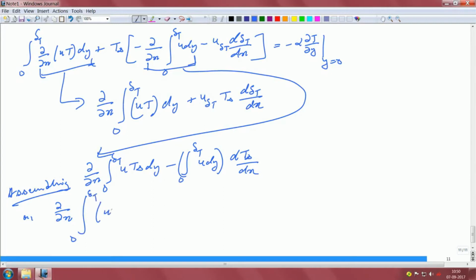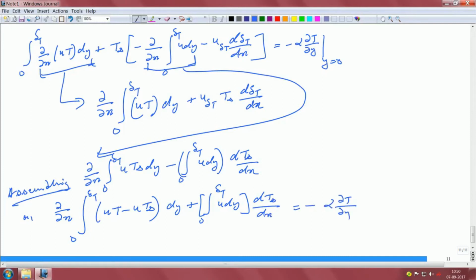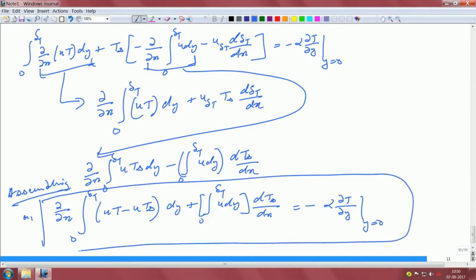This is basically algebra, this is not much of a complicated math either. Right. So, that is the total temperature profile that you get.